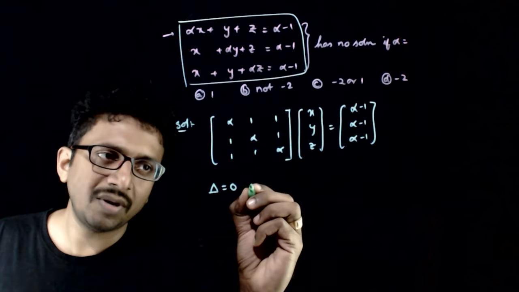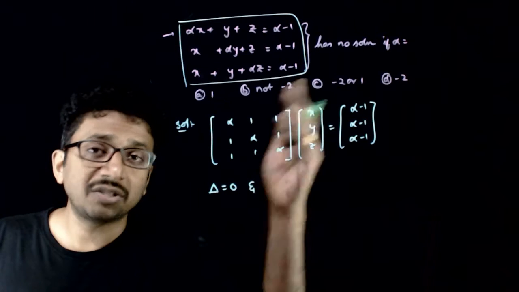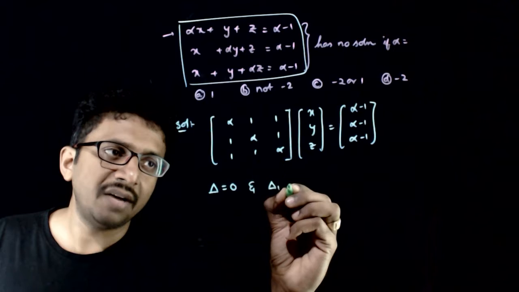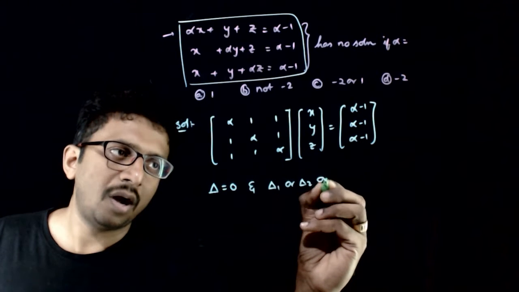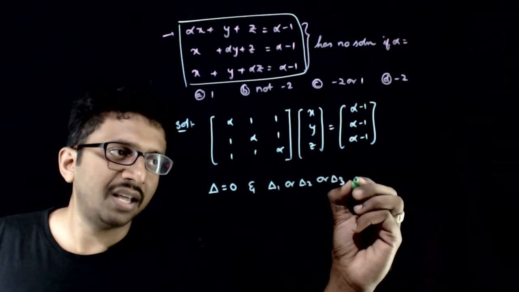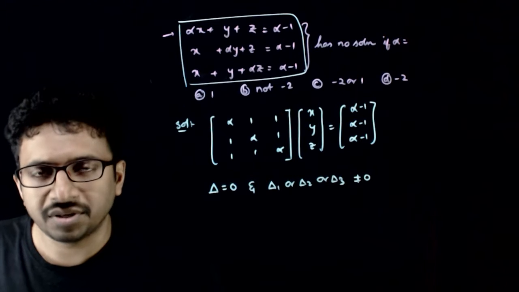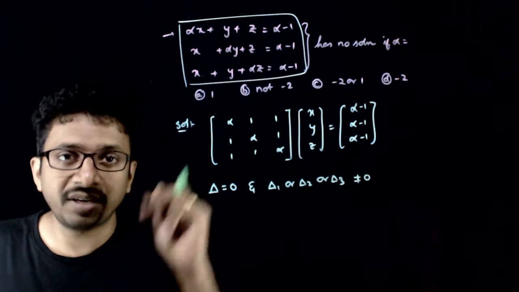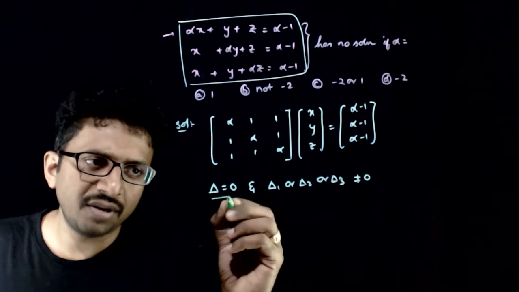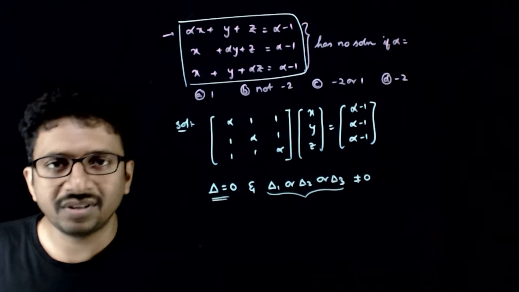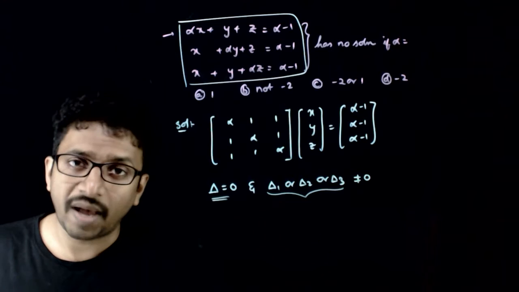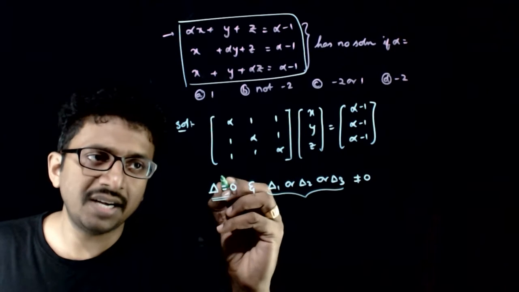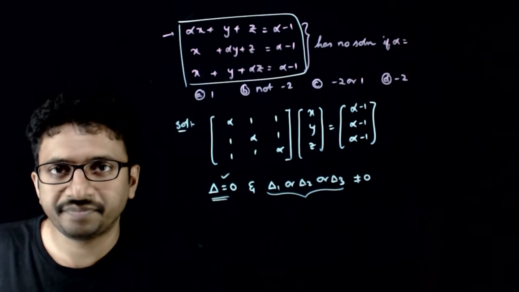So delta is equal to 0, and if this has to have no solution, one of delta 1, delta 2 or delta 3 has to be not equal to 0. If all of delta 1, delta 2, delta 3 are zeros, you have infinite solutions. So if delta is equal to 0 and at least one of these three is not equal to 0, then you have no solution. So the first condition is that delta is equal to 0.